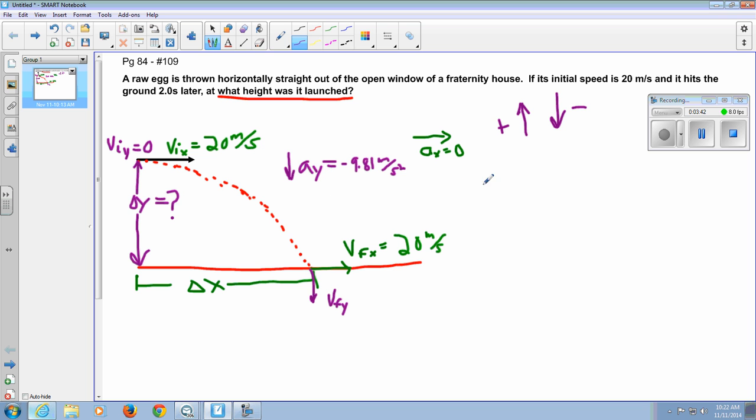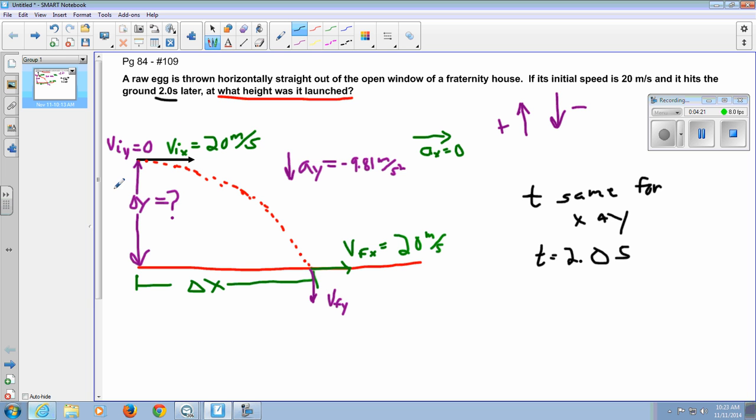And the last thing I know is time, which for half parabola problems, the time is the same for x and y, and they tell me that this thing falls to the ground in a time of 2.0 seconds. 2.0 seconds is how long it takes to hit the ground.